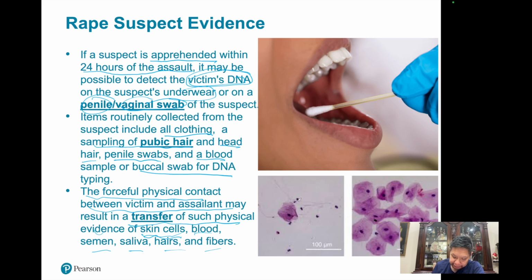So this picture that you see here, you should actually already recognize, but I'll tell you what it is. These are cheek cells from a buccal swab, right? This is the most common way of collecting a control sample of DNA from either a suspect or a victim. We do a cheek swab or a buccal swab.